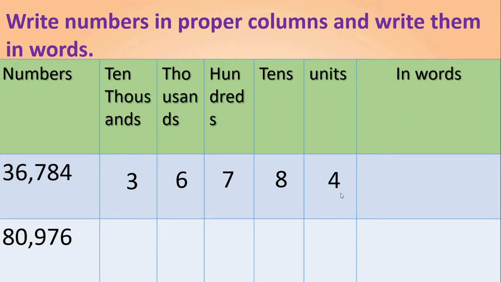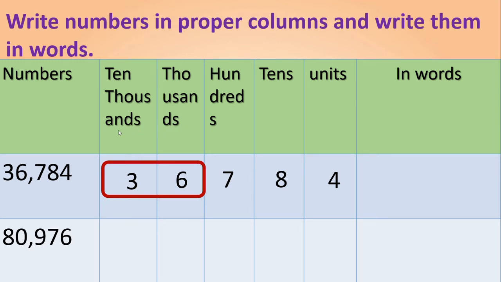Now we have to write this given number in words. Dear children, the units, tens and hundreds each have a separate column, but the thousands and 10,000s we have to combine. Here we have to join them. This is 3 and this is 6, so this is 30,000 and this is 6,000, so together they make 36,000 because they are of the same category.